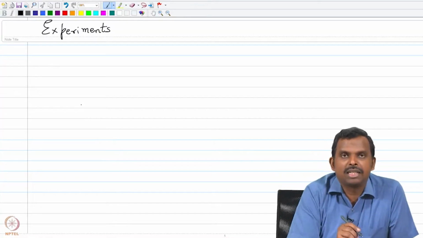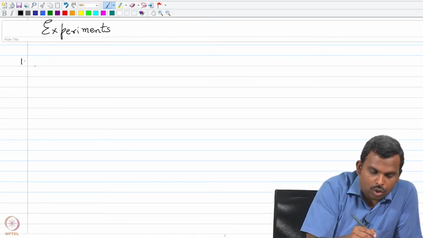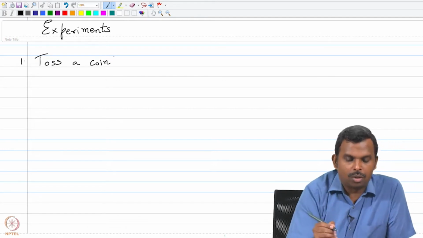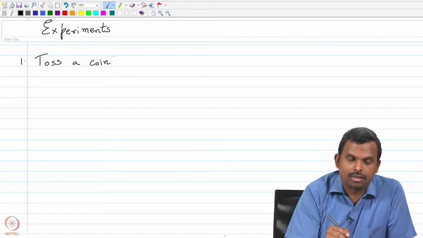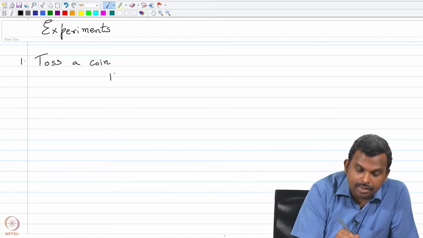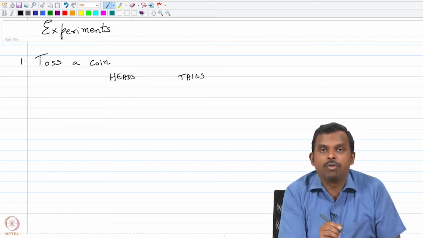So, the first experiment that we will consider is toss a coin. Many of us know what this experiment is. There is a coin, it has 2 sides, one side is heads, the other side is tails. And we are going to toss it up.